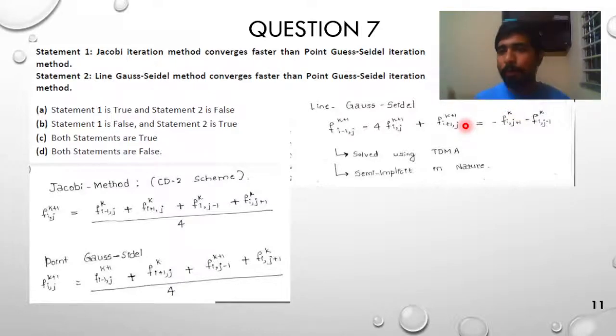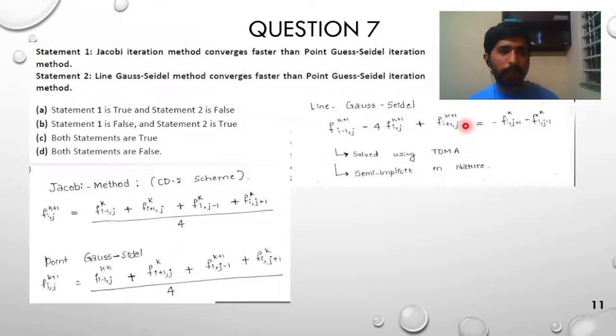Here we are calculating three values simultaneously, so the convergence is faster, but the computational time might be large because you have to implement the TDMA algorithm. The computational time might be large, but the number of iterations to reach convergence is less in line Gauss Seidel. They have asked about convergence, so line Gauss Seidel is fastest.